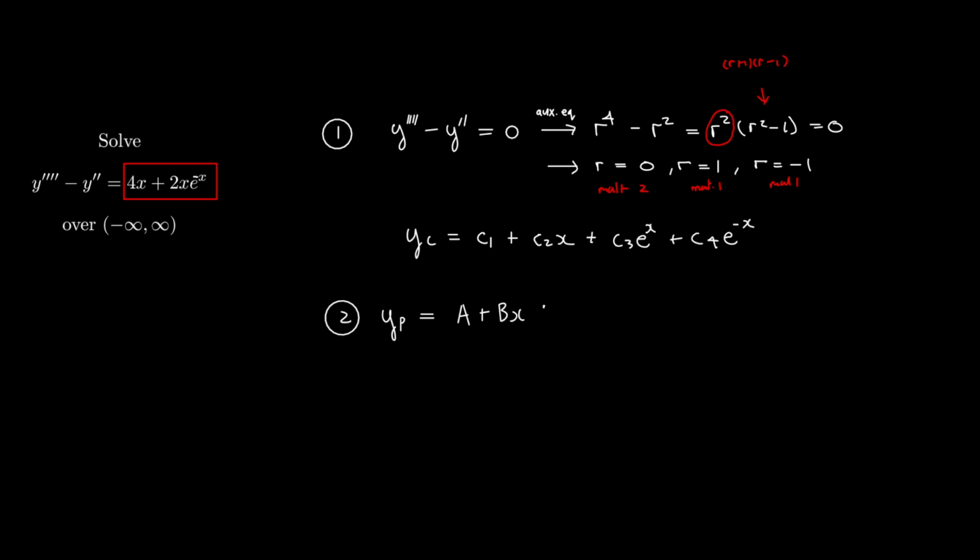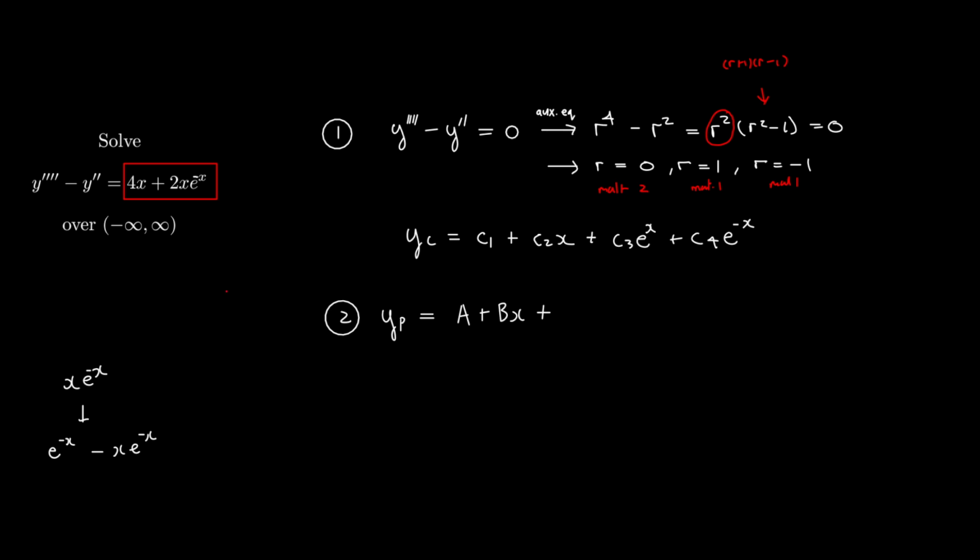Okay, next, the function here, which is 2x e to the negative x. If we differentiate x e to the negative x, I'm going to get just e to the negative x plus x e to the negative x.